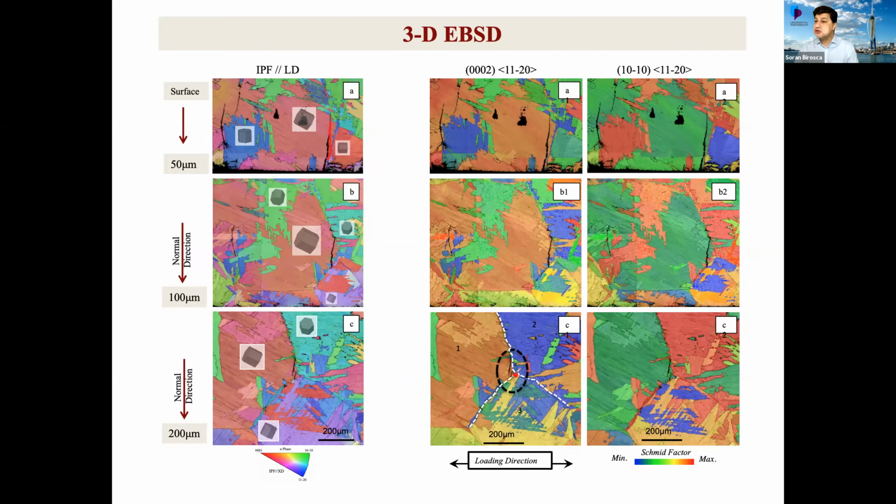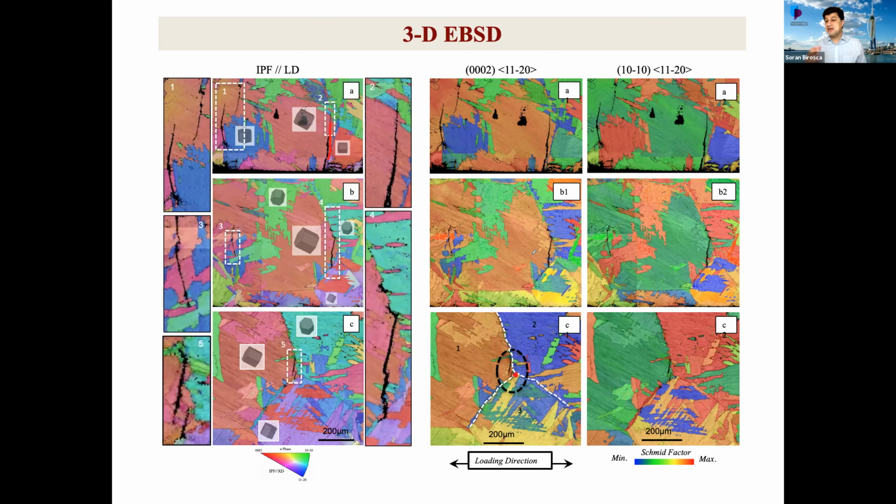That's what we call a triple junction between the grains, where a few grains meet, and that's the weakest point. So the crack is initiated at the prior beta triple point, and then could easily go through the lamellar microstructure, because they have very similar orientation, without any obstacle or restriction, so the crack can go very easily.